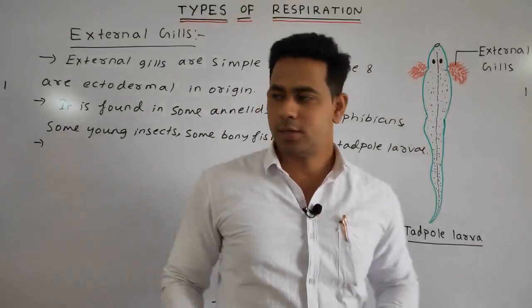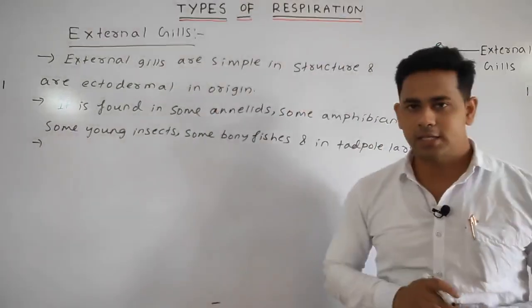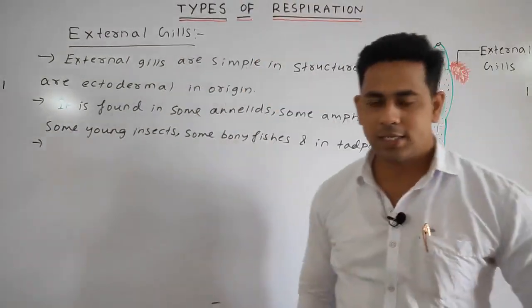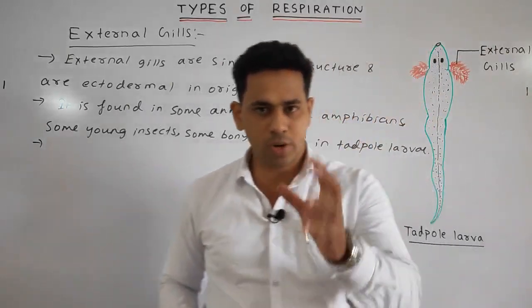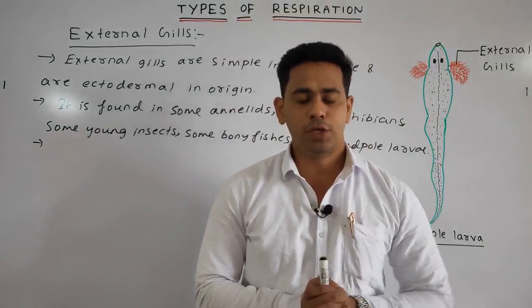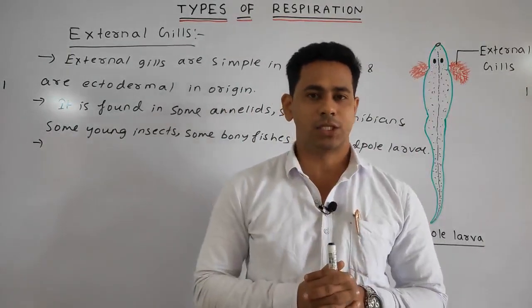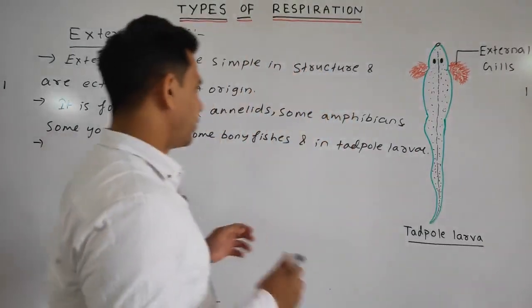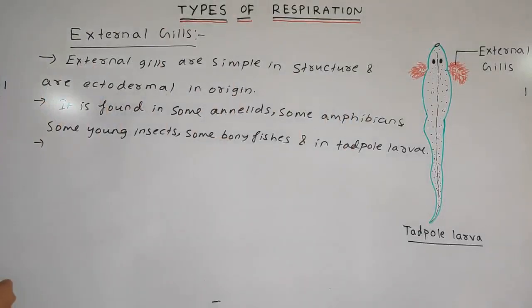Okay, next point students, in the case of the external gills, these external gills are, we can say, vascular membranous extension on which the gaseous exchange surface is present. Okay, so we can write our next point. First I'll write, then I'll make you understand.